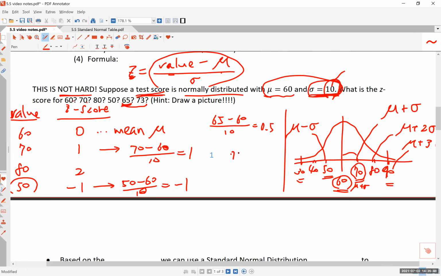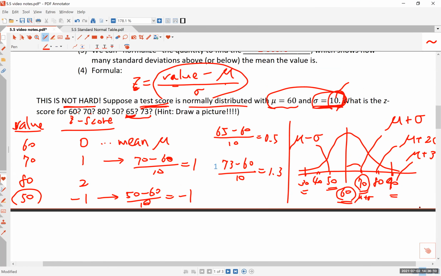For 73, if you subtract 60 and divide it by 10, remember the top is 13. So 13 divided by 10, and that's going to give you 1.3. That is your z-score.